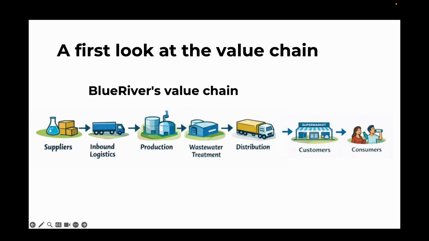Warehousing stores finished goods. Outbound logistics distribute them, and customers put pressure back on the company through specifications, expectations, and commercial requirements. And don't forget the consumers. So this matters because an EMS built only around departmental boxes will miss the real flow of environmental consequence.